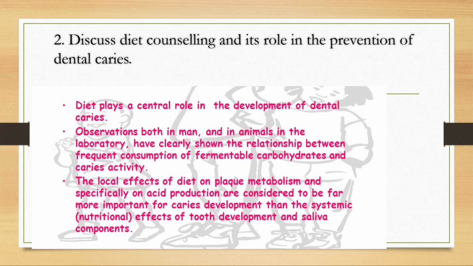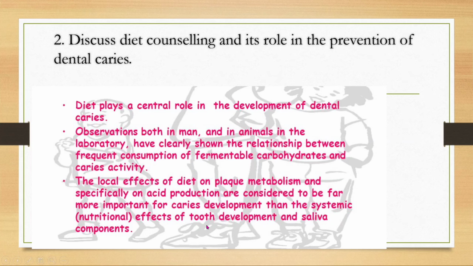Diet plays a central role in the development of dental caries because it is at the same time both a host factor and an agent factor. It is clearly shown that there is a relationship between frequent consumption of carbohydrates and caries activity. There is strong evidence of a causal relationship between frequent snacking and caries activity.